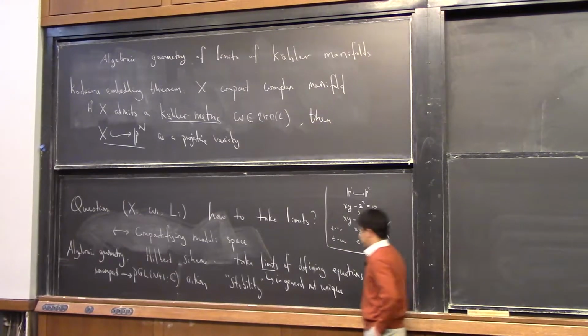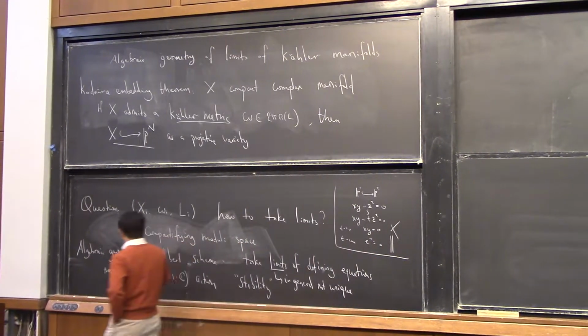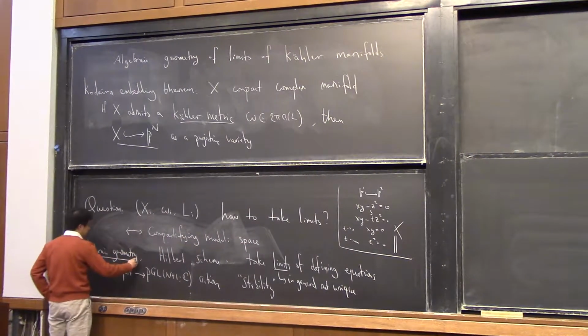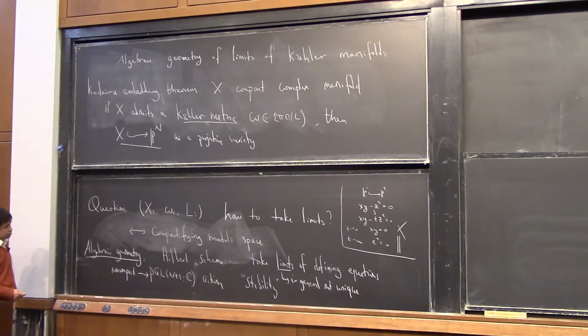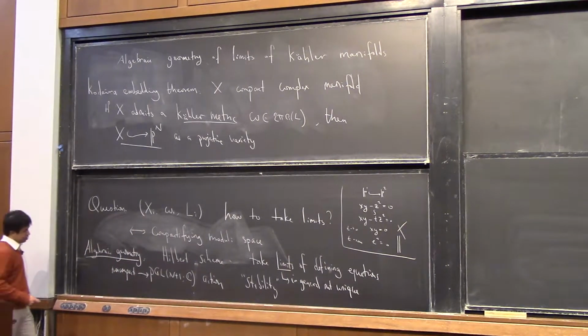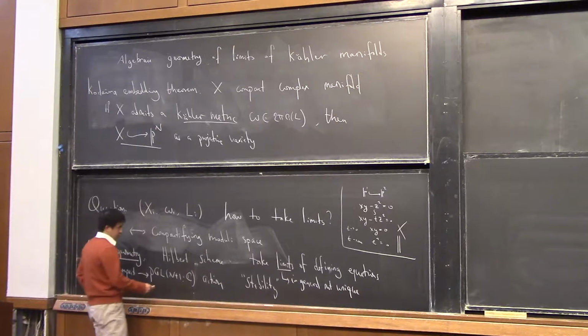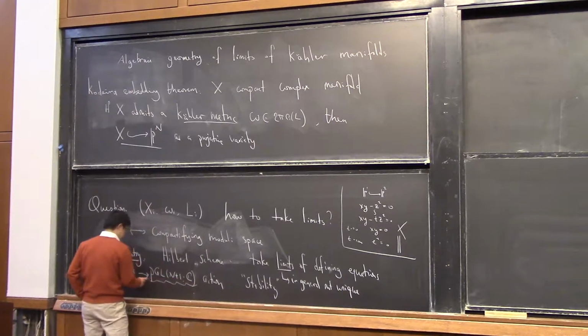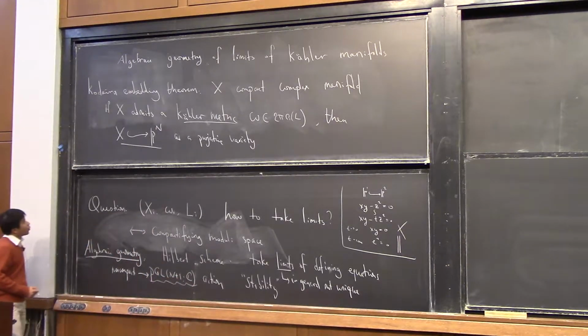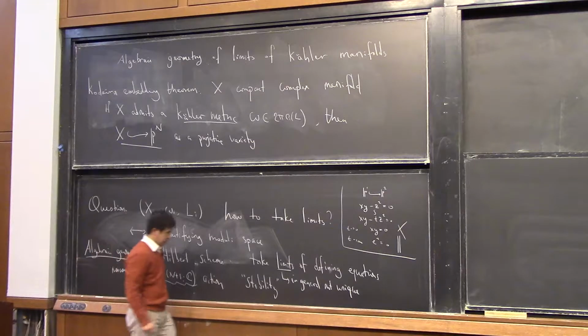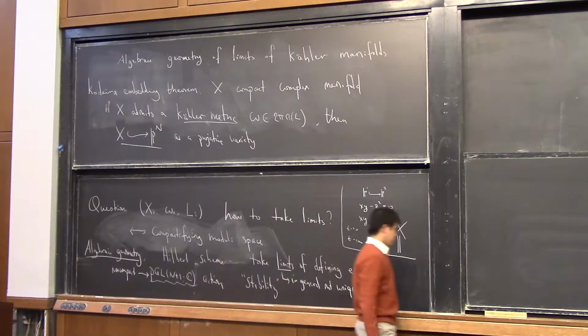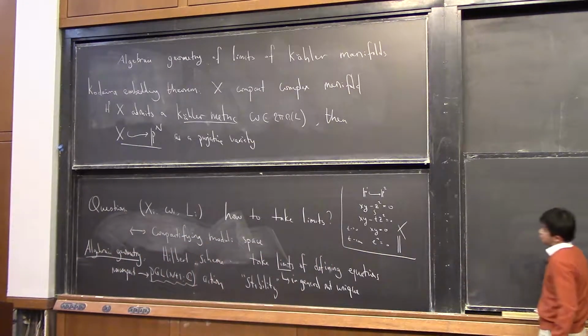So this is the algebraic geometric point of view. But there's another issue with this limit, which is that if we choose a different n, and try to embed these Xi's into Pn's, can we get the same limit?